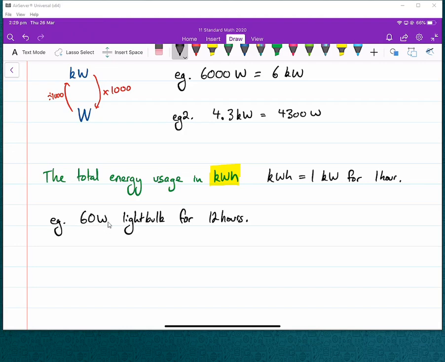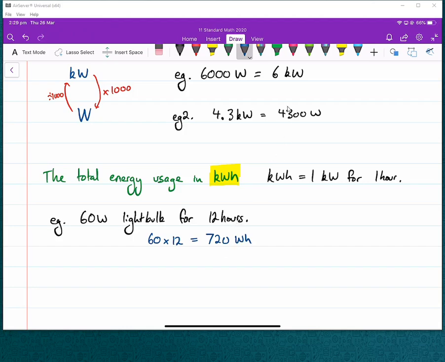So if we times this by 12 hours, we're going to get 60 times 12, which is, where's my calculator? 60 times 12 is 720 watts for an hour. It's the equivalent of using 720 watts in 1 hour instead of 60 watts in 12 hours.